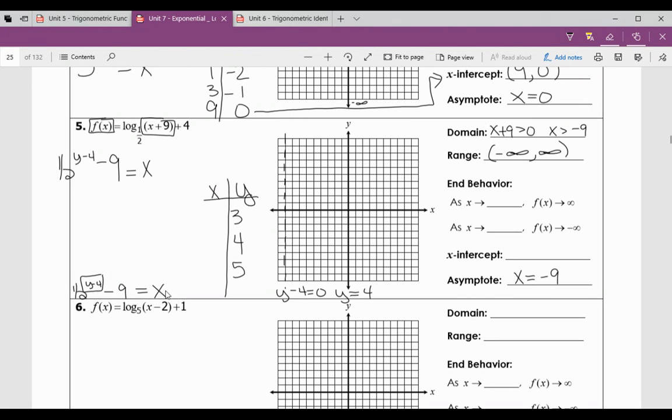So the first thing I'm going to do is plug in my 3. So that would be 1/2 to the 3 minus 4, minus 9. That gives me 1/2 to the -1 power, which ends up being 2, and 2 minus 9 is -7.